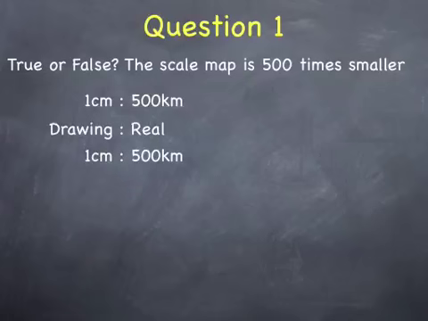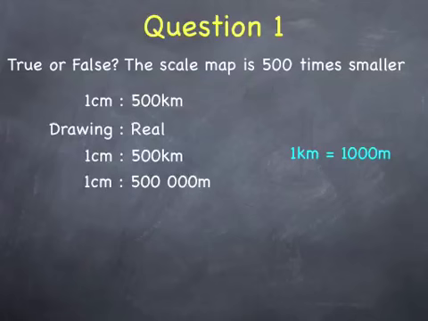So we've got centimetres and kilometres. And I'm going to look at the kilometres, 500 kilometres. I'm firstly going to convert that to metres, then centimetres. So there's 1,000 metres in a kilometre. So 500 kilometres I'm going to times by 1,000. And I get 500,000 metres.